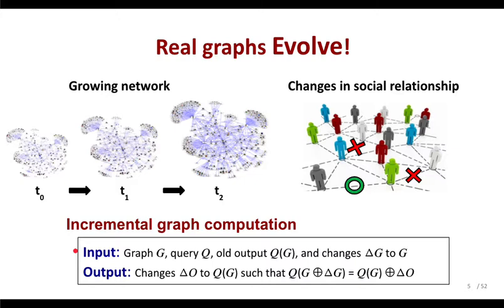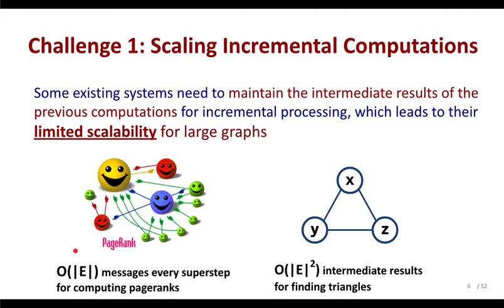Next, I will explain the challenges in incremental graph analytics. The first challenge is scaling incremental computations for large graphs. Some existing systems need to maintain the intermediate result of the previous computations for incremental computations, which leads to their limited scalability.